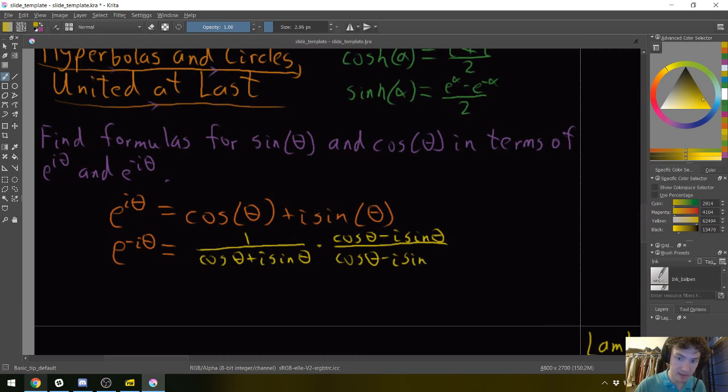Do you agree that the second expression I've written as a multiplicative factor is exactly equal to 1? Yes. Okay. If I multiply by that, in the numerator, I get cos theta minus i sine theta. Since that's easy, all I did was multiply by 1. What do I get in the denominator when I multiply these two things by each other?